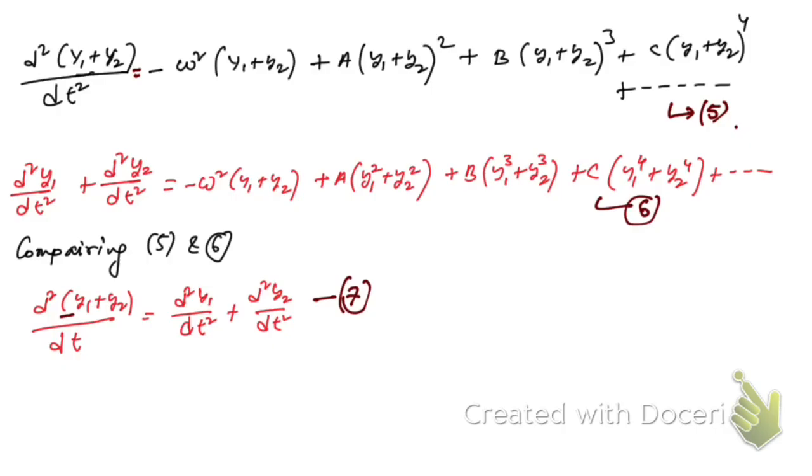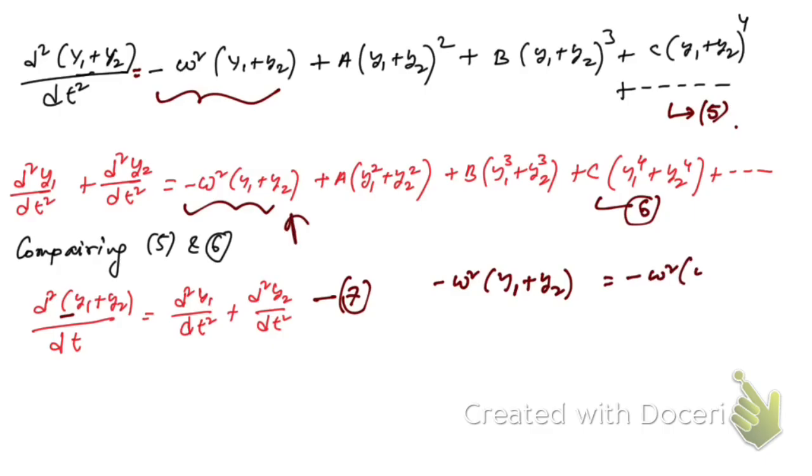Similarly, here you can see these two are clearly equal, same as it is, right? Minus omega squared times y1 plus y2, and that is also omega, this one plus this two. Okay, these two equations are true, but if you compare 5 and 6, this must be equal to this one, right?